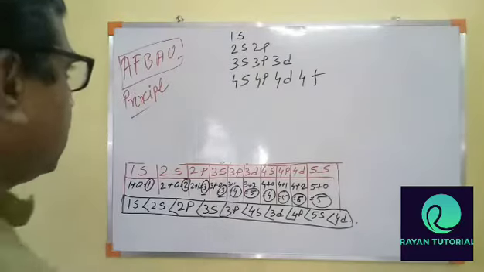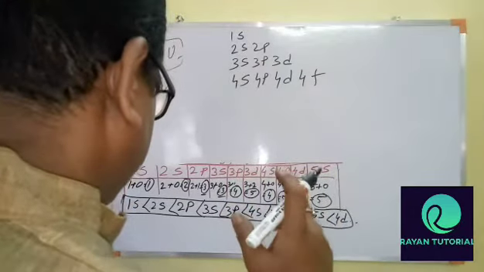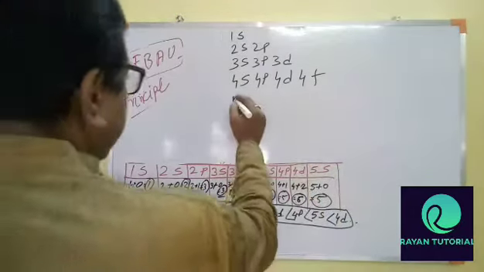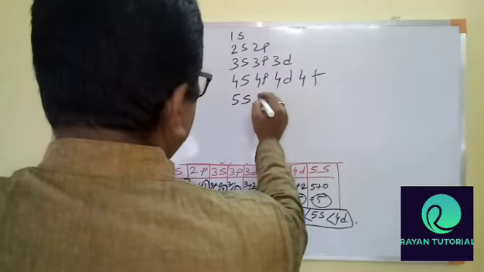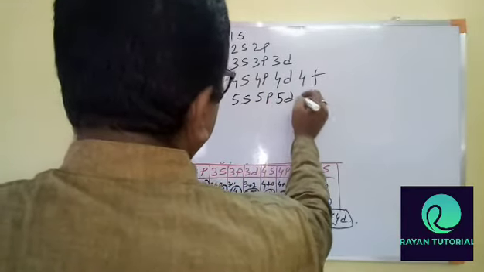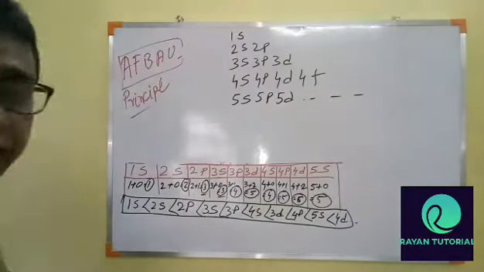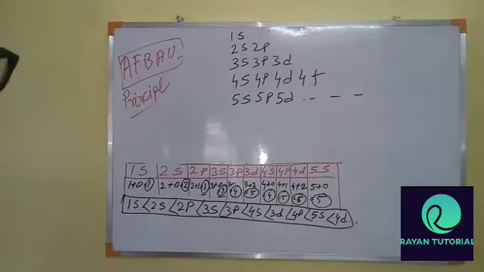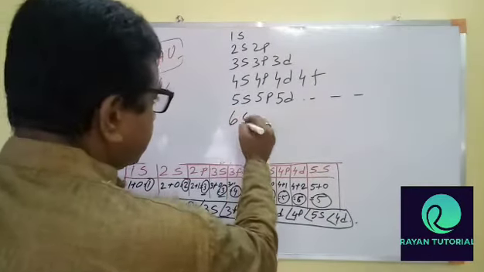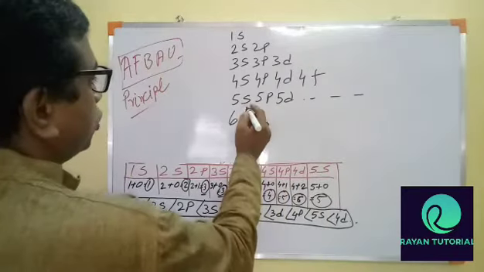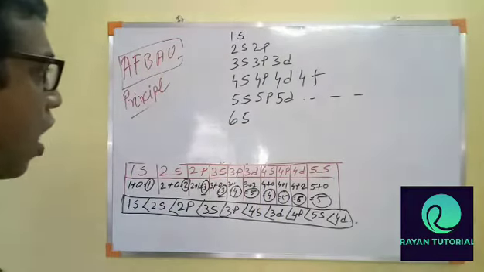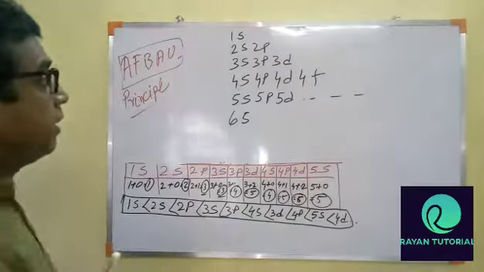Right? Then 5s, 5p, 5d, and so on. I am not writing anymore. Clear? Now after that, 6s. Did I write 6? No, not yet. Okay.